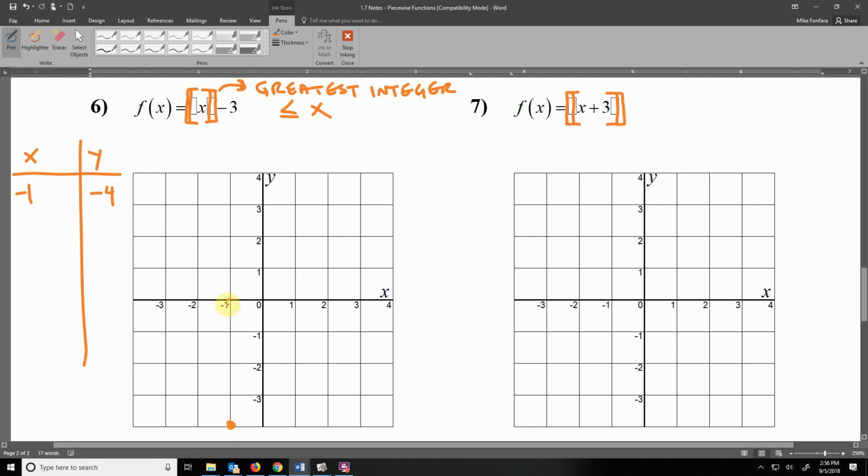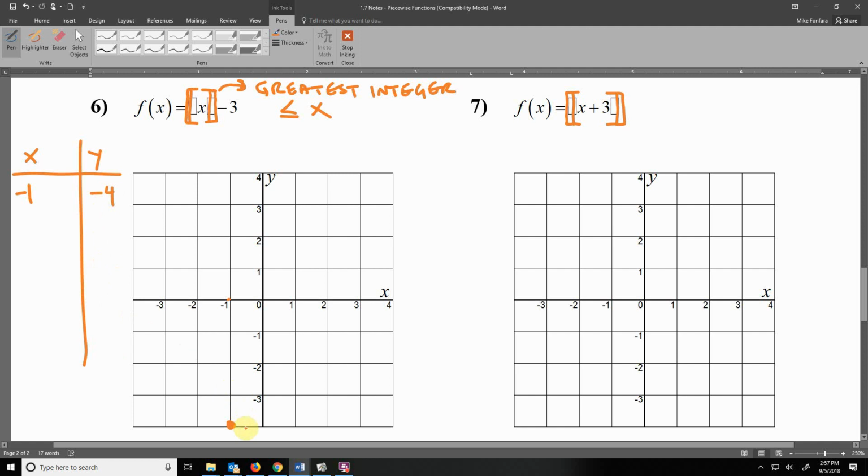Now if I go over a decimal amount, say I go over 1/2 to right here, so I'm putting in -1/2. What is the greatest integer less than or equal to -1/2? Well, that slides me right back to -1. Minus 3 is -4.